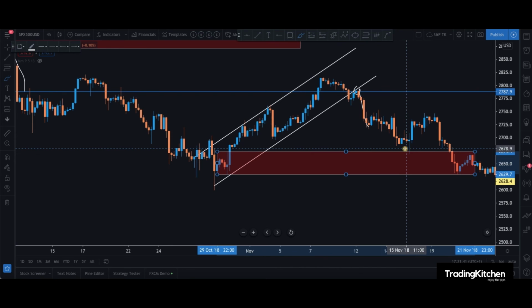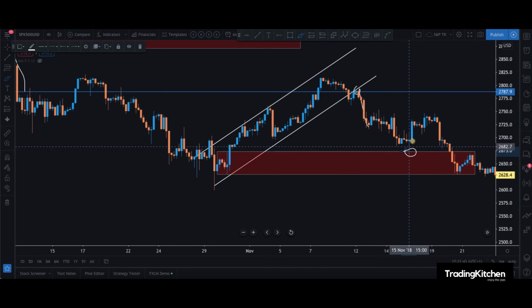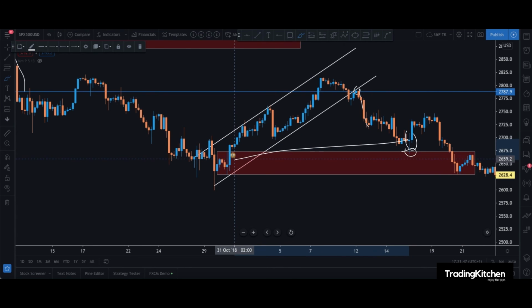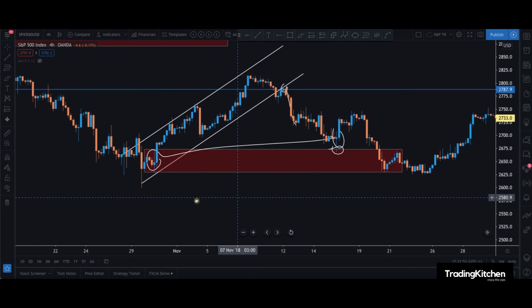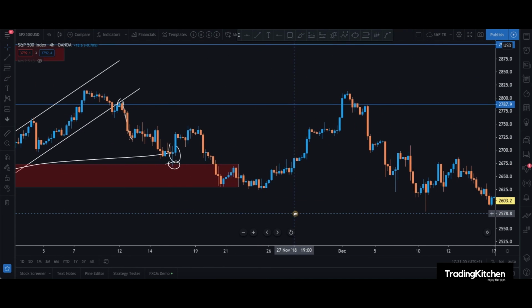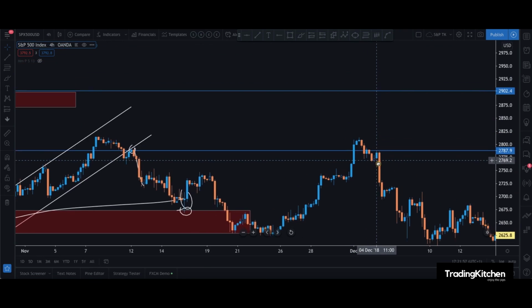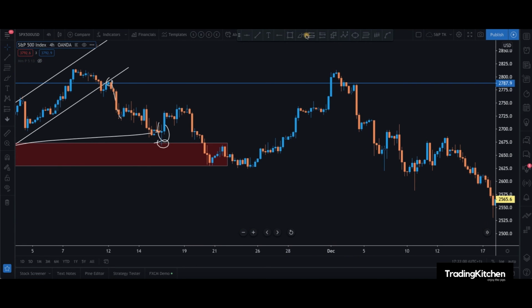In fact, price reacted here very well with another candle quite similar to this one. Impulse, correction, impulse. This was a previous neckline, if you remember.